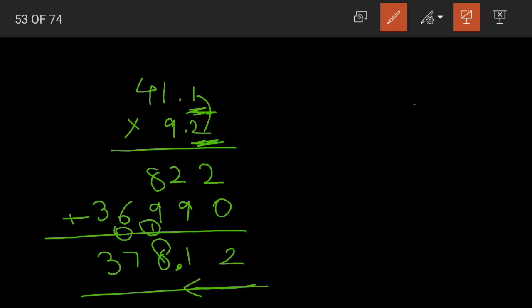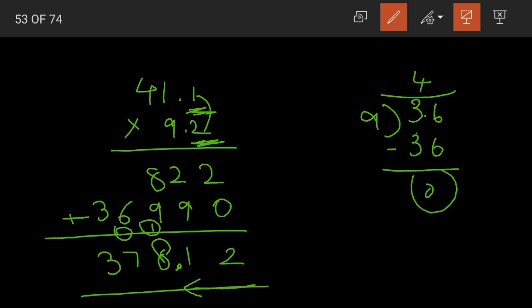Now if we are doing the same with a division, 3.6 divided by 9. Again we have to divide them as whole numbers. 4 9s are 36. When we subtract, 0 is our remainder. In our dividend we are having one decimal place, and the quotient is 4.